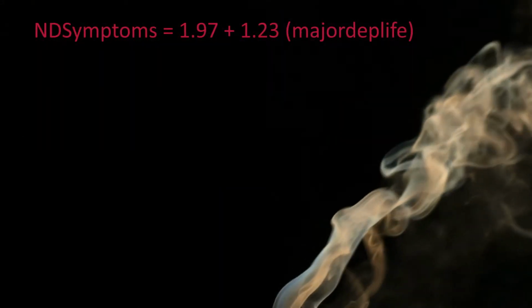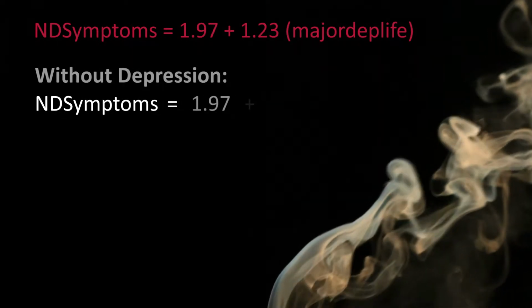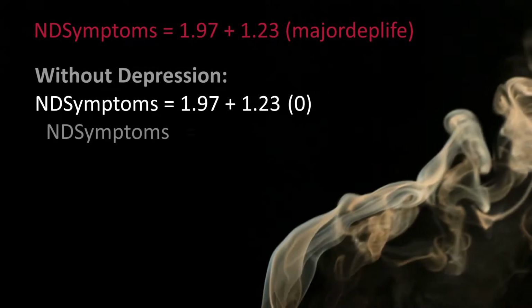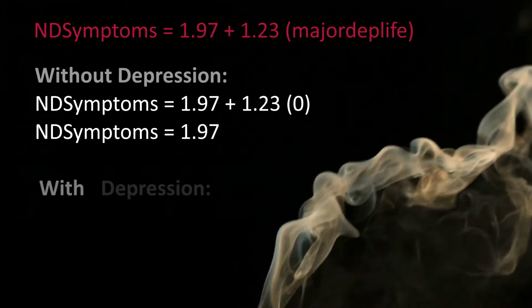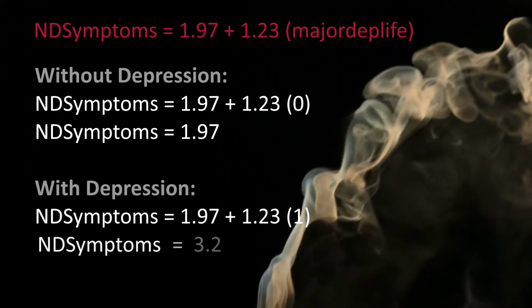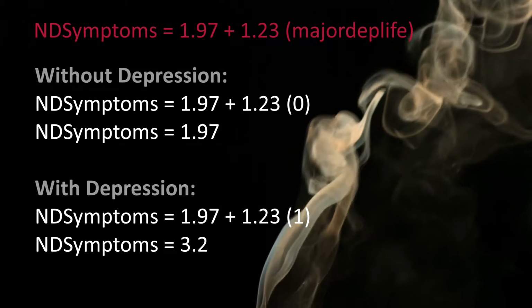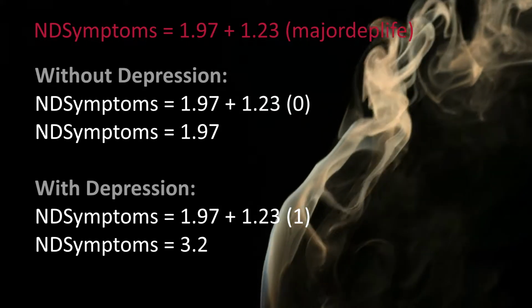As we can see, we would expect daily smokers without depression to have 1.97 nicotine-dependent symptoms, and daily smokers with depression to have 3.2 nicotine-dependent symptoms. Remember that we previously subset our data to daily smokers aged 18 to 25.